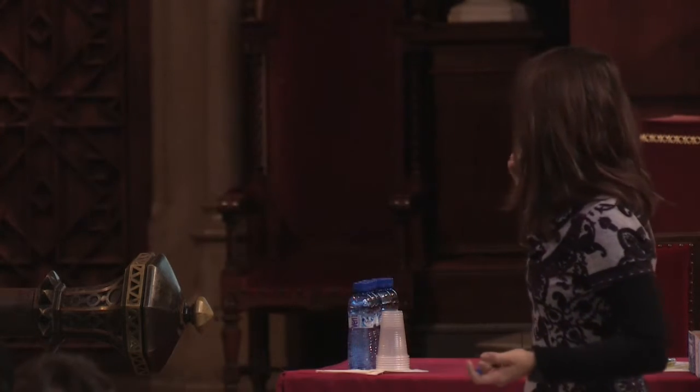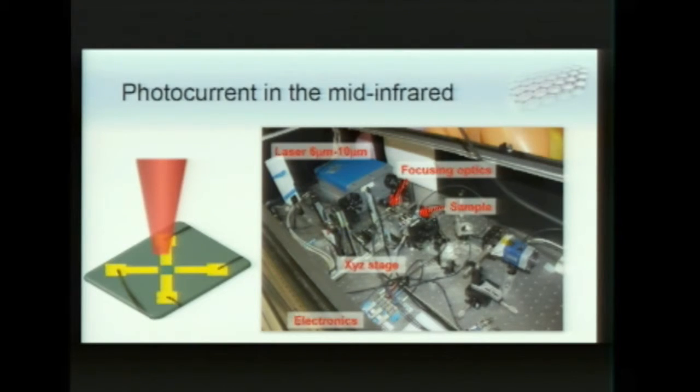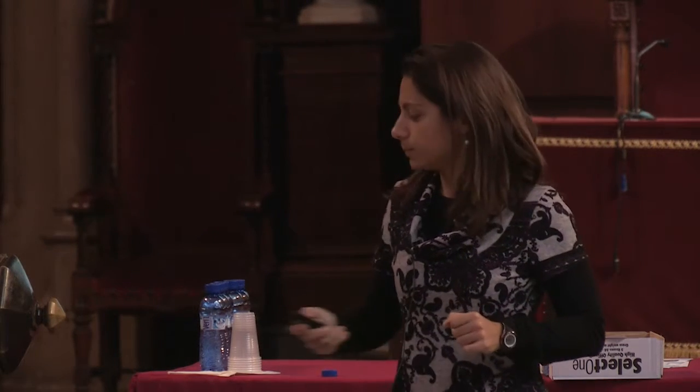On the left you can see a typical device where the graphene is in the center, and then you have gold electrodes that are connected with wires to the electronic part of the setup. For the optical part of the setup, we have a mid-infrared laser, some focusing optics that we use to focus the light onto our sample, and the sample is mounted onto a motorized XY stage, which allows us to make spatial maps of the sample.